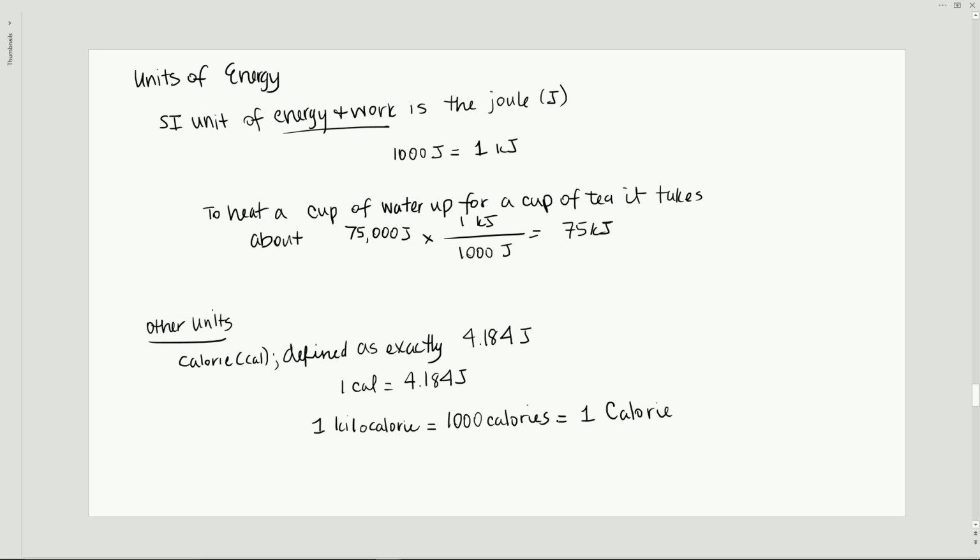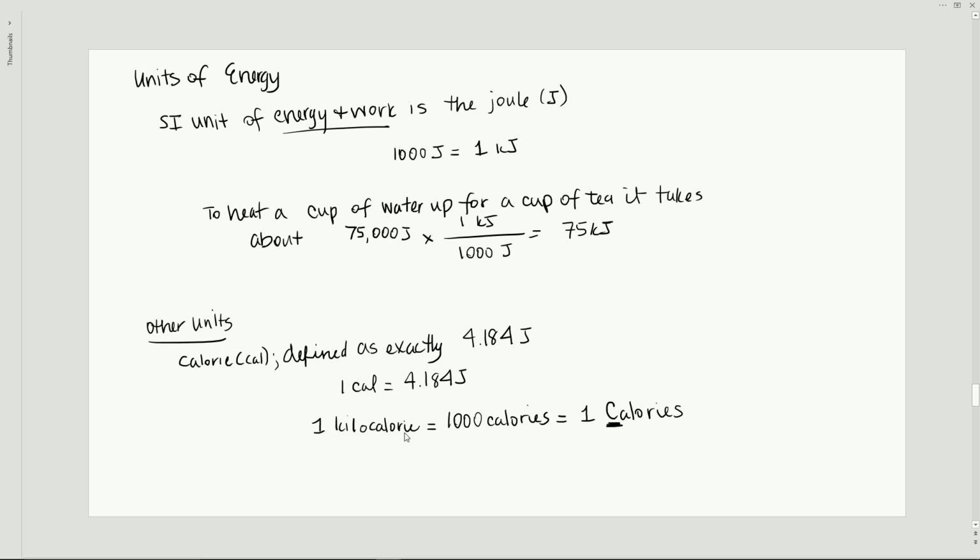All of the nutrition fact labels that you see show you Calories with a capital C. That is actually a kilocalorie. So notice here there's a lowercase c for cal, and this is a capital C. Just remember that lowercase c is a calorie and a capital C Calorie is actually a kilocalorie.